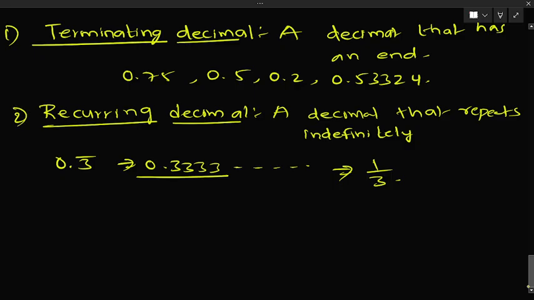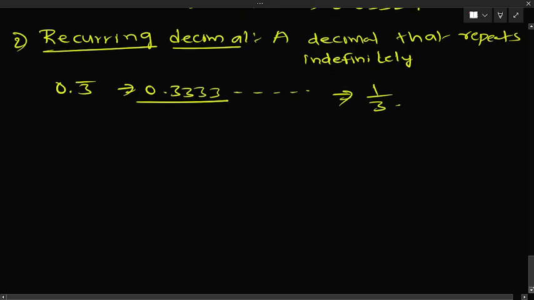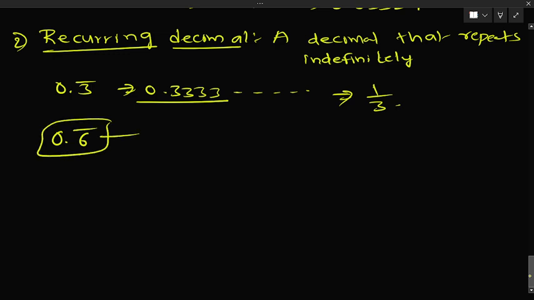Let us consider how we can do this. For example, if I consider 0.6 bar, how can I write this in the form of P by Q? Is it possible to write that number in the form of P by Q? Yes. Firstly, step 1: here after the point only 6 gets repeated.